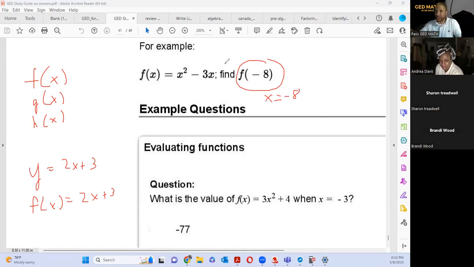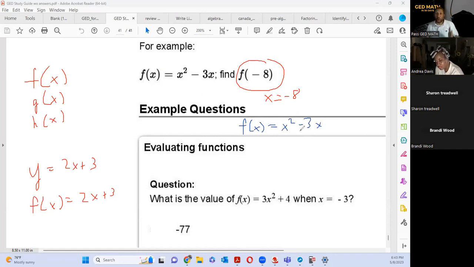That's it. So when they give you something like this, this is really telling you x is equal to -8. So all this crazy notation, f of x equal x squared minus 3x, find f of -8. This is simple. All it's saying is everywhere you see x, put -8. Now, this is the mistake people make. They put -8 squared. So let me write the whole thing out. It says f of x equals x squared minus 3x.